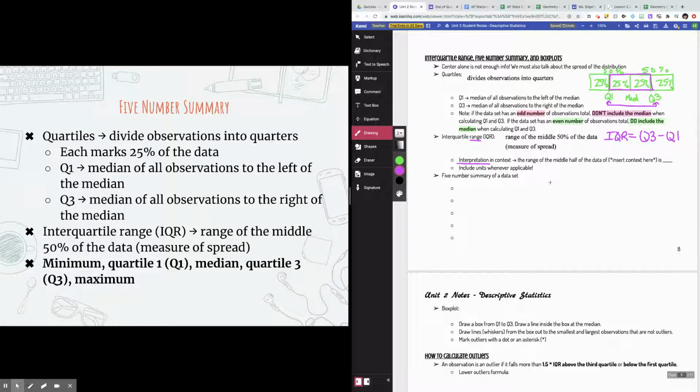So the interpretation of the IQR is: the range of the middle half of the data of, insert context here, so whatever your data is actually of, is blank. And then you would just insert the number for the IQR. We literally just took the definition and added some context to it. If possible, try to include units whenever you can.